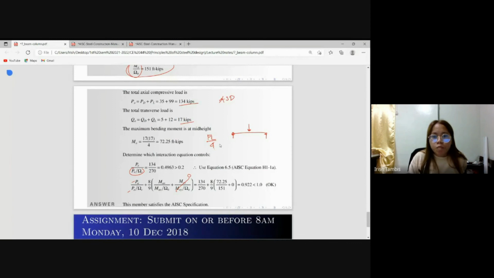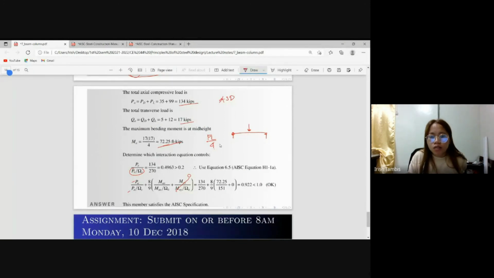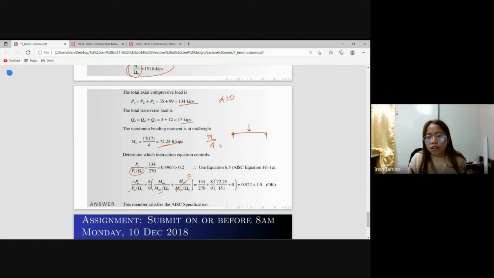And the moment caused by the applied loads is 72.95 divided by the value from the table, which we saw earlier. So the answer is 0.922, which is still in the ASD solution less than 1.0. So in the ASD solution, this member, W10x49, satisfies the specification.